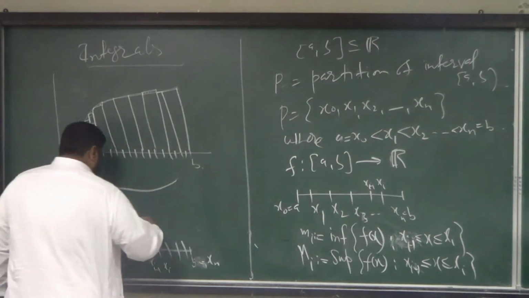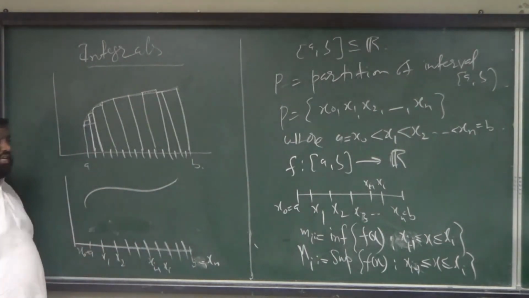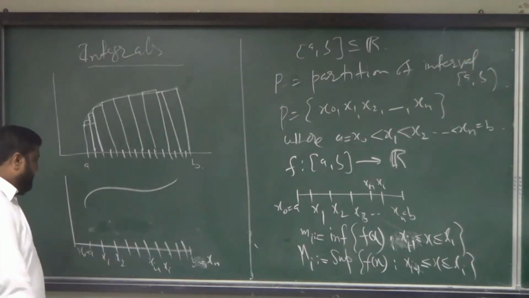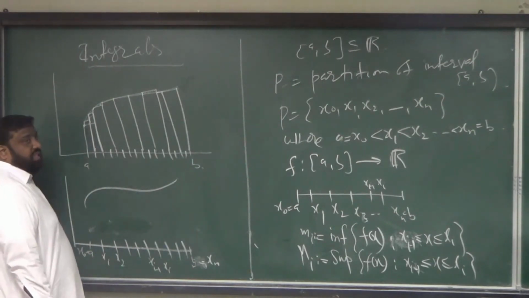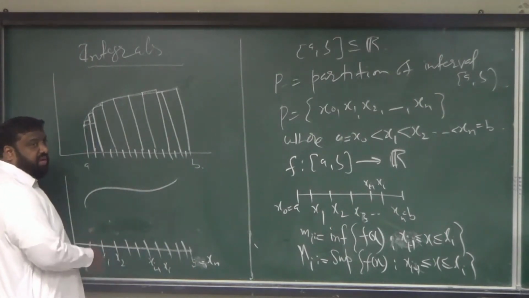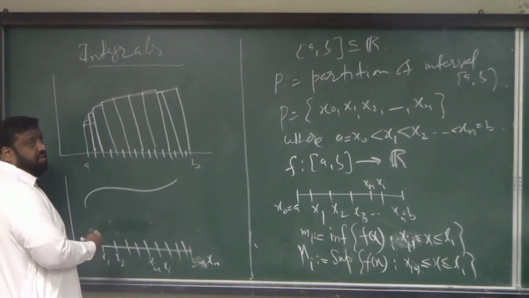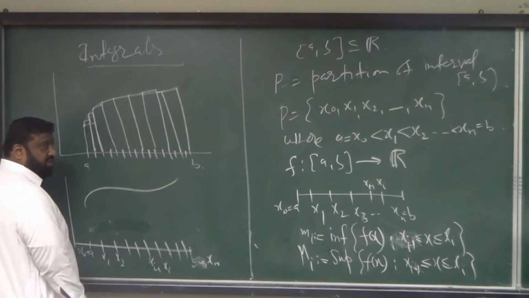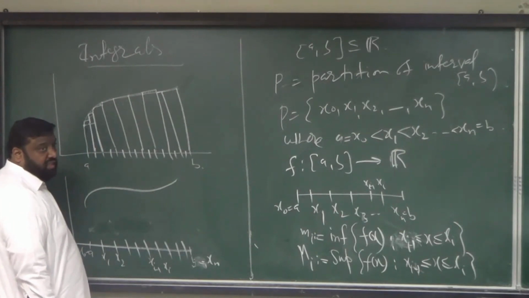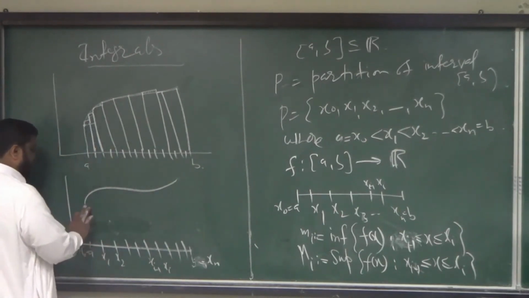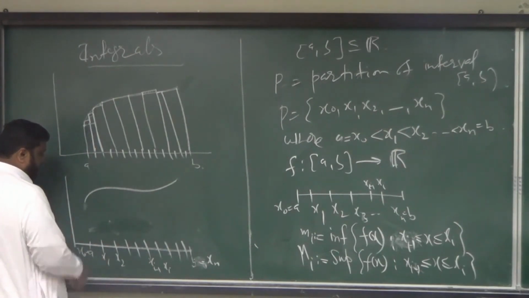One approach is this: rather than taking the left hand point and right hand point, take an interval and see what is the smallest value within this interval that the function takes. What is the smallest value that the function takes here, for example? It's at the left hand.